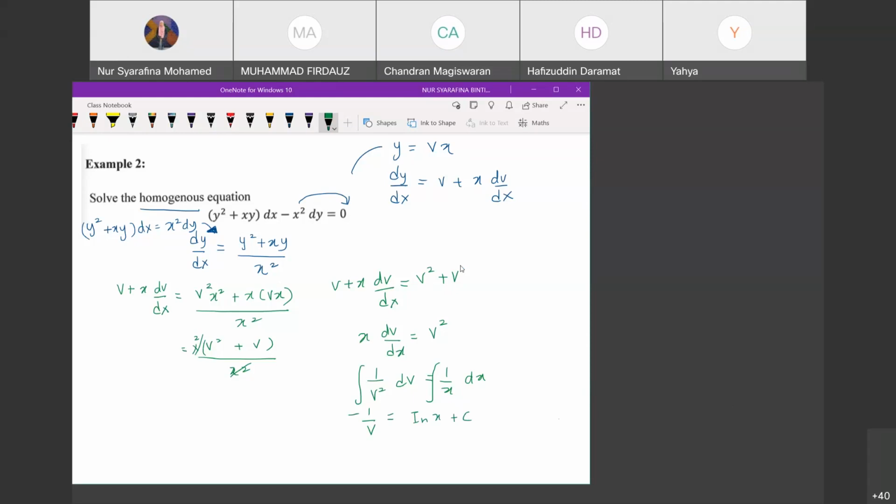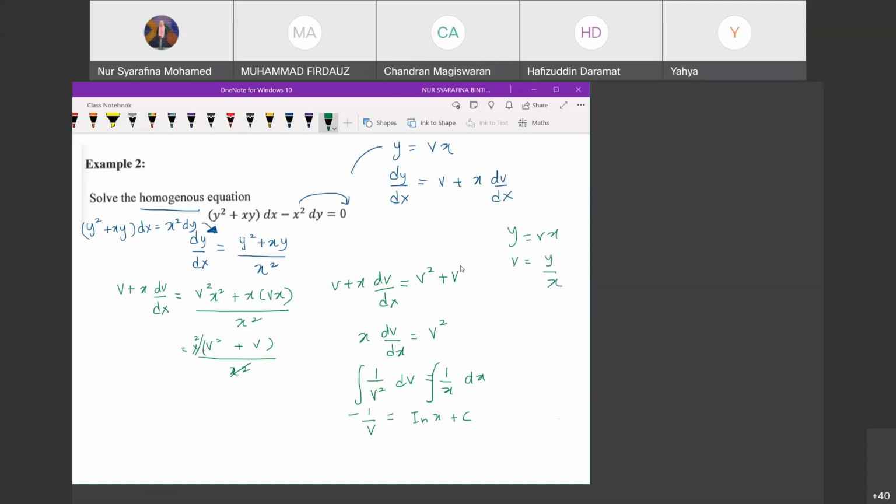So back to the original problem, you have it in terms of x and y. There is no condition given, so just leave it like that. We need to substitute back. Since y equals to vx, then v equals to y over x. So substitute back.